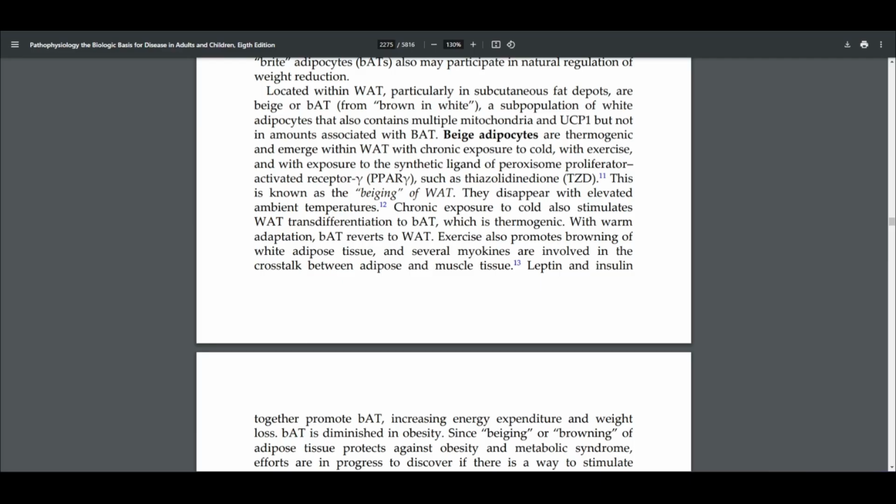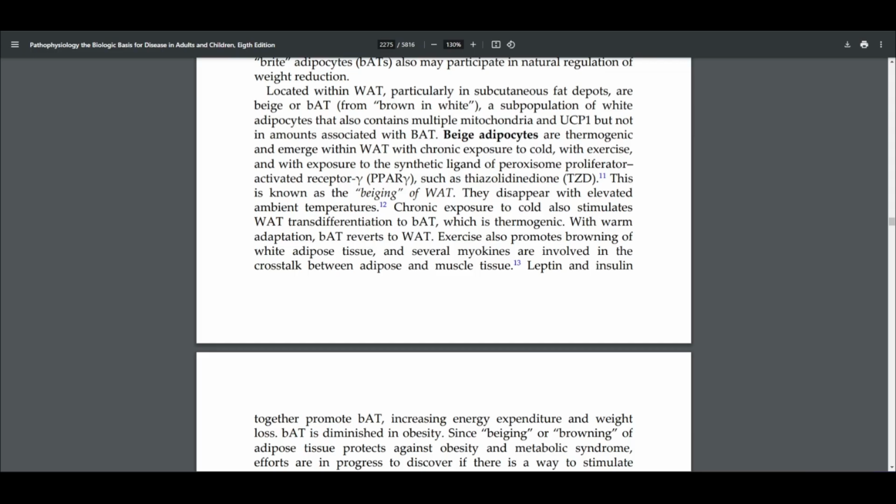Beige adipocytes are thermogenic and emerge within VAT with chronic exposure to cold, with exercise, and with exposure to synthetic ligands of peroxisome proliferator-activated receptor gamma, or PPAR-gamma, such as the thiazolidinedione (TZD). This is known as beiging of VAT.